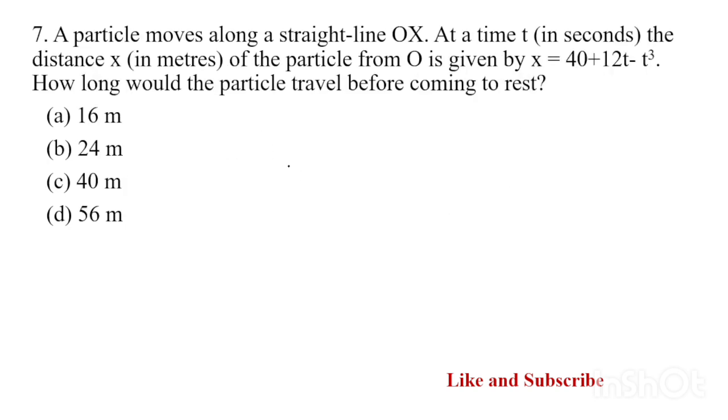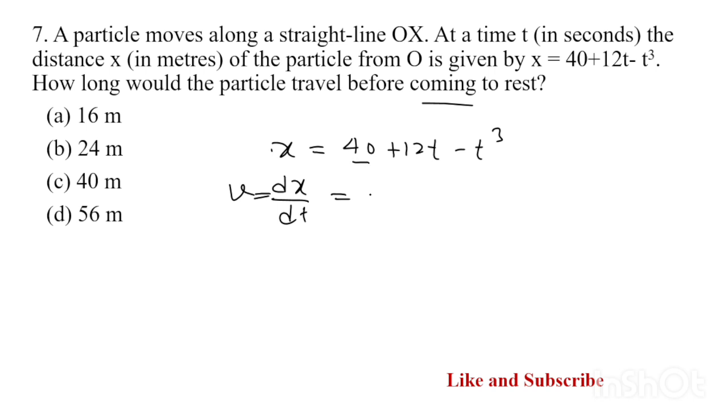Now question number 7. A particle moves along a straight line OX. At time t the distance x is given by 40 plus 12t minus t cube. How long would the particle travel before coming to rest? Now first of all we find the speed v equal to dx upon dt. Derivative of constant is 0 plus 12 into derivative of t is 1 minus 3t square. So the value will be 12 minus 3t square.